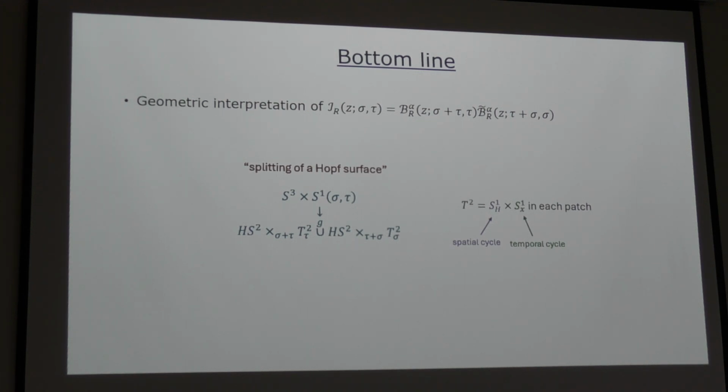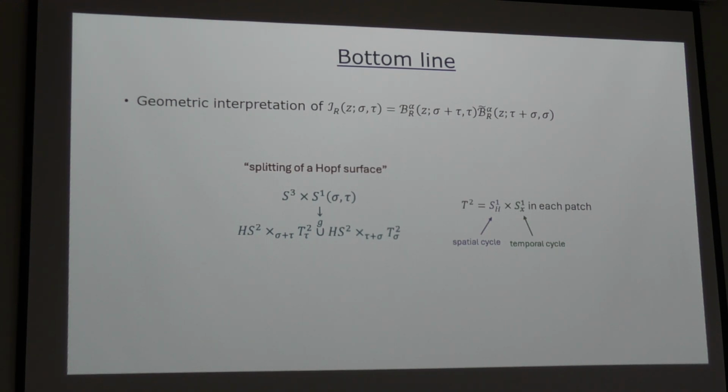Otherwise, the SL2Z transformations performed on this torus act in the normal way on these complex structure moduli, in particular exchanging large and small circles. So if my Hopf fiber is small and my temporal circle is large, if I do the S transformation, this in the standard way exchanges these. But you cannot transform tau independently, because they are linked. Yeah, they are linked to the same torus. That's right, so that's why I have to do basically the same transformation.